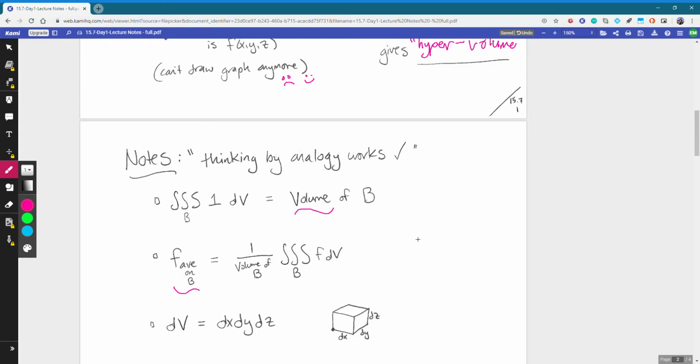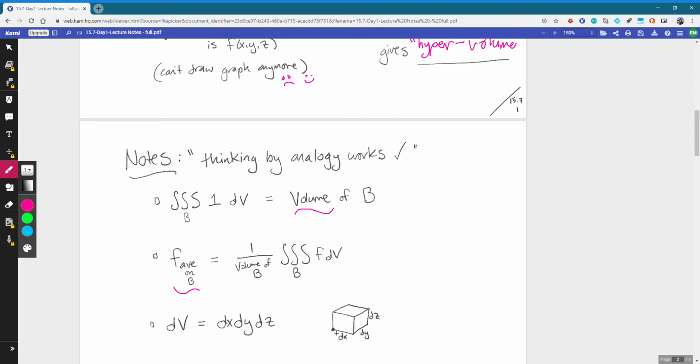All right. Also, thinking about integration, right? dA in rectangular just broke up as dx dy or dy dx, whatever order we were thinking about that in. For dV, the idea here is that we just have 3-dimensional boxes instead of 2-dimensional rectangles.